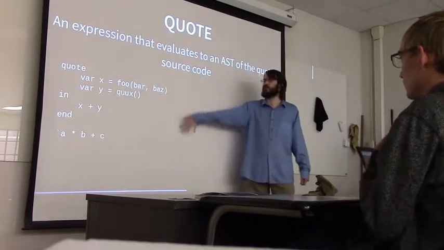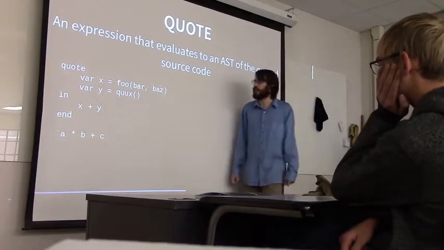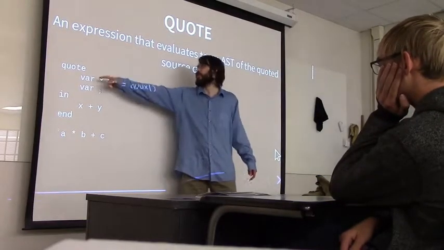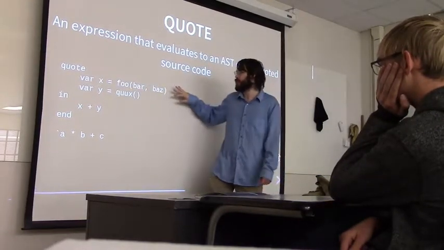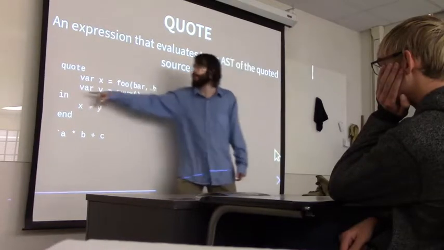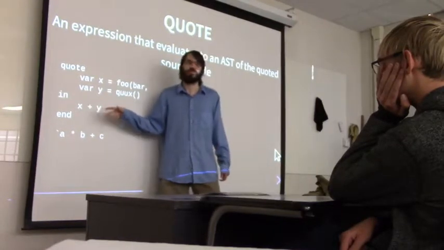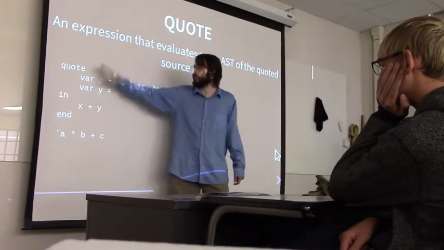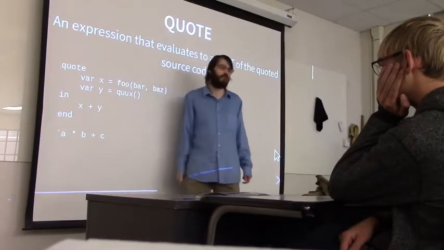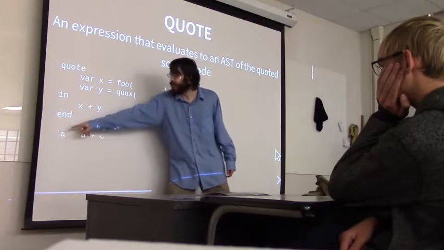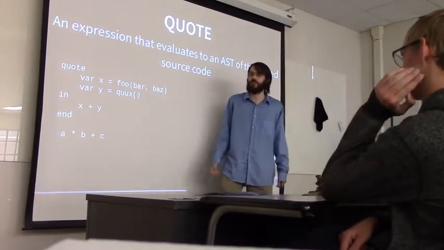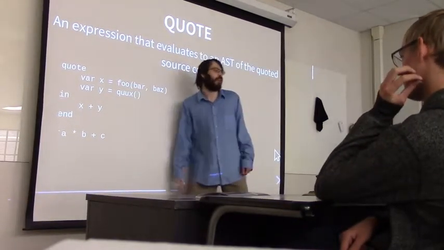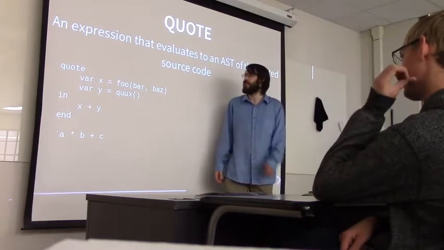And this is what it looks like in Terra. There are a couple forms: quote, list of statements, and then optionally an expression, which lets you define variables, do some operations, and then have the whole thing evaluate to a single expression, or a single backtick followed by an expression, which just is a convenient way to get a quote of an expression.